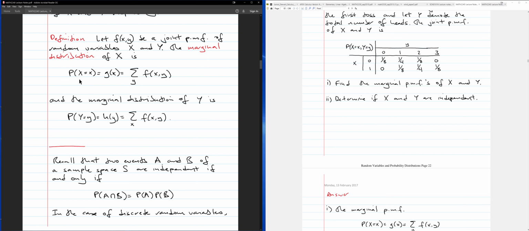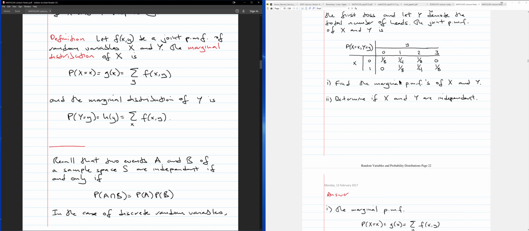So to get your marginal distribution for any possible value of your random variable x, you sum your PMF over all possible values of y. And likewise, to get your marginal distribution of y, for a given y, to get the probability y is equal to, for example, 1, you sum over all possible values of x.